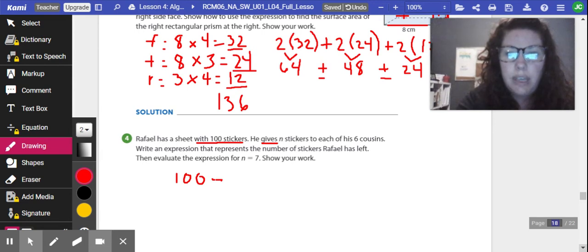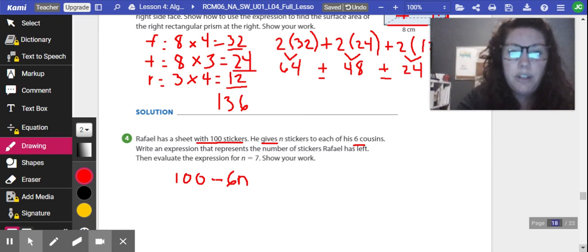So he's going to give a certain amount of stickers to each cousin, and there are 6 cousins. So what that means is he's going to do his 6 cousins, and he's going to give each of them n stickers, which means we would multiply 6 times whatever n is. Because remember, when a variable is right next to the coefficient, it means they are to be multiplied.